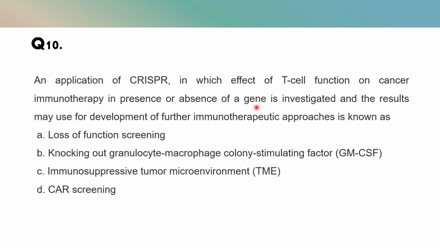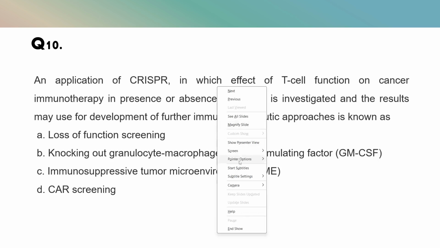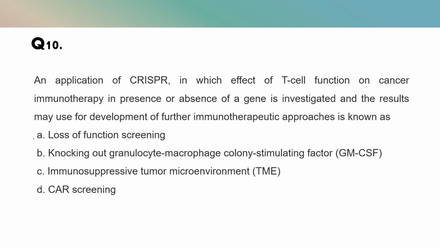We want to know the effect of T cell therapy in presence or absence of a gene, which is investigated for further use. So what is this called? It is called loss of function screening.